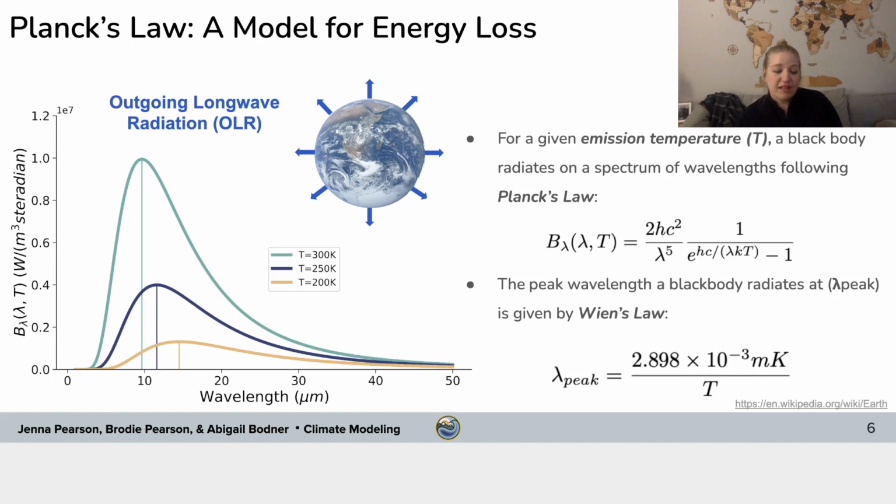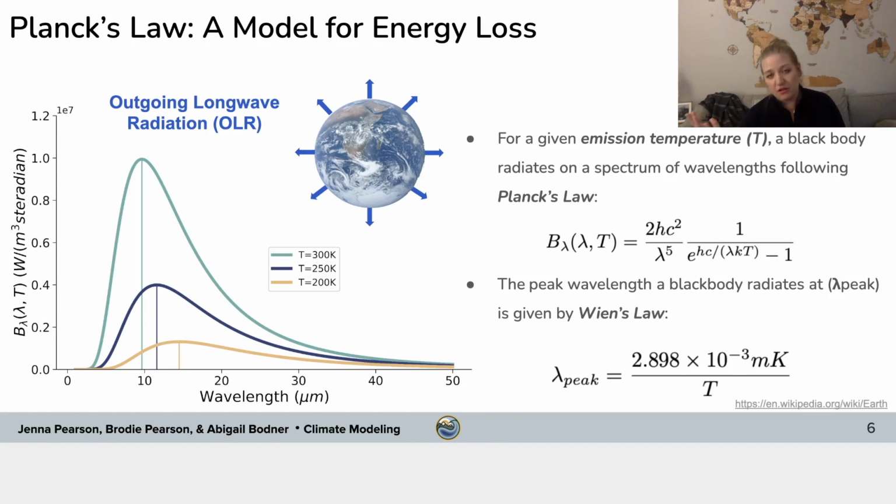And this is mathematically defined by Wien's law, given as the second equation on the right here. And this tells us that the peak emission wavelength is inversely proportional to the emission temperature of the object. And so, for example, for a black body with an emission temperature near the sun, say 5,800 degrees Kelvin, the peak of that curve would be so far to the left, it would be basically distinct from the curves of these colder black bodies given on the slide that are more similar to Earth.